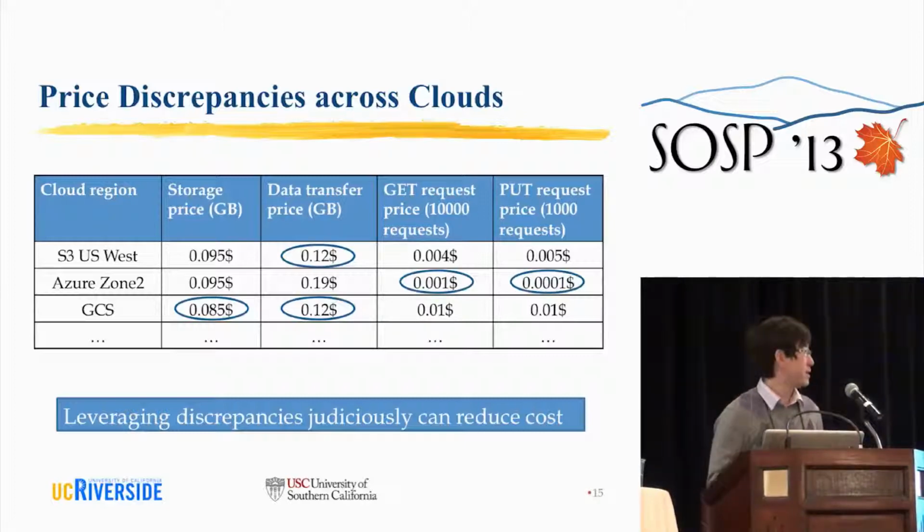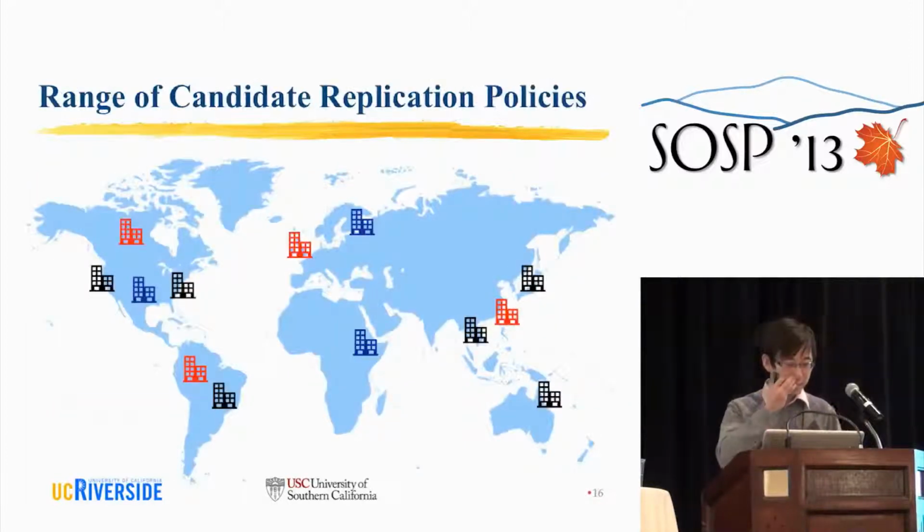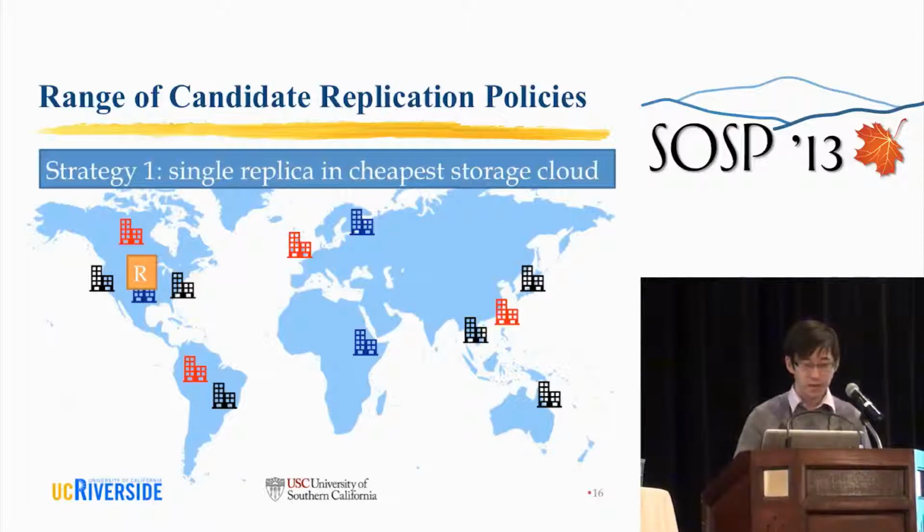But even with the price discrepancy, doing this is still hard. Let me show you an example. If we have an object that only receives a few GET requests, the best way to store it is in the data center with the cheapest storage price.